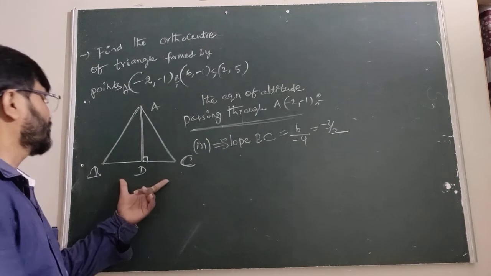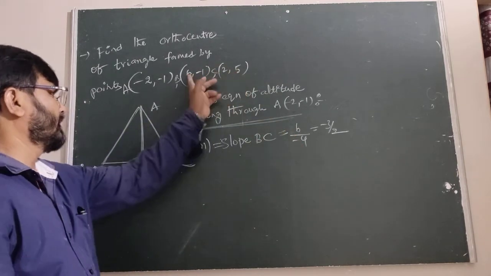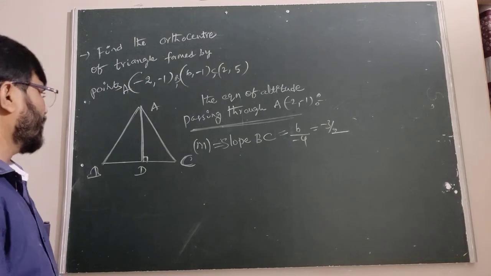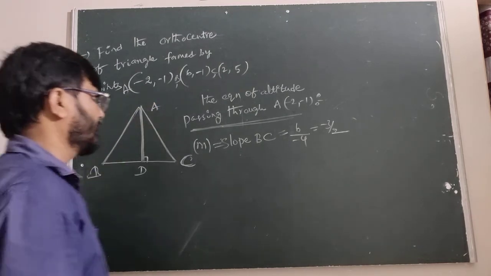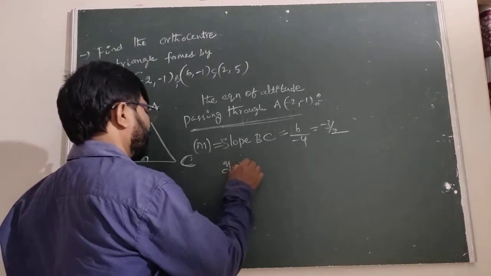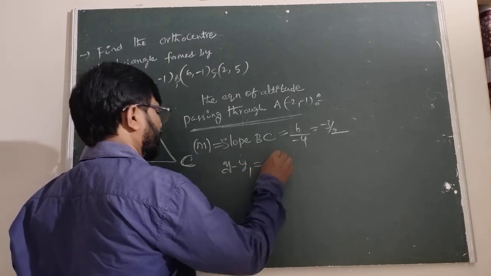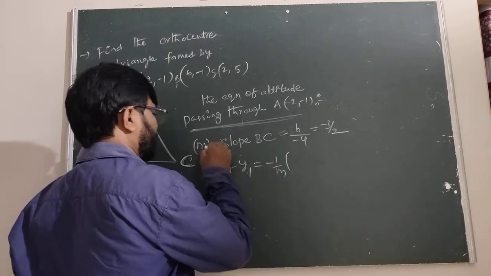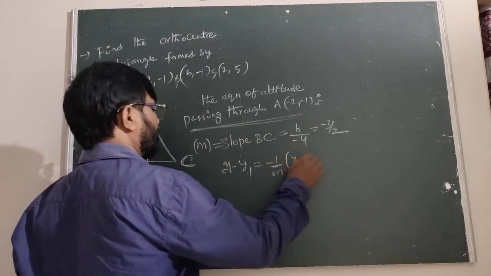Now the altitude through A is perpendicular to BC. Now we can write the equation of the altitude in slope point form: y minus y1 equals the perpendicular slope, minus 1 by m, into x minus x1.